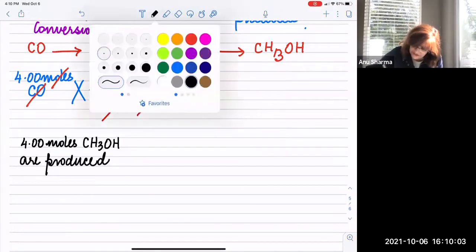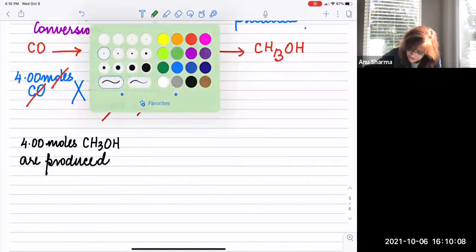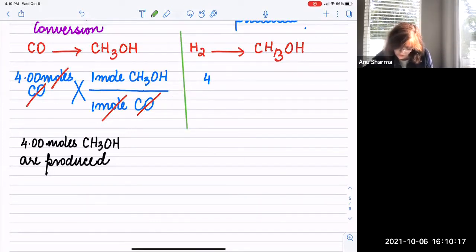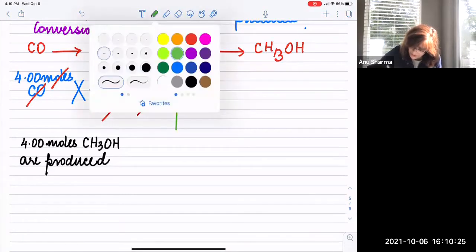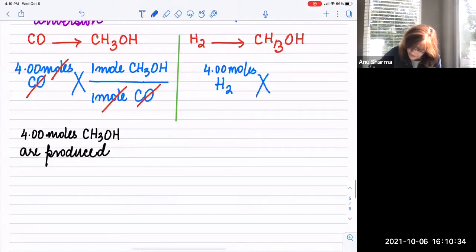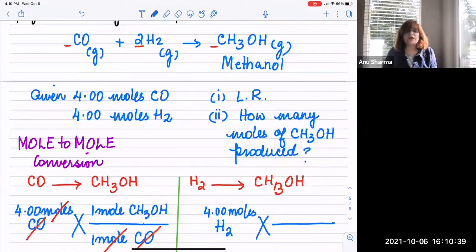Okay, next, let's look at the next scenario, where you have taken some number here. So here we have 4.00 moles of hydrogen times... We see from this equation that 1 mole of methanol is produced when 2 moles of hydrogen react.